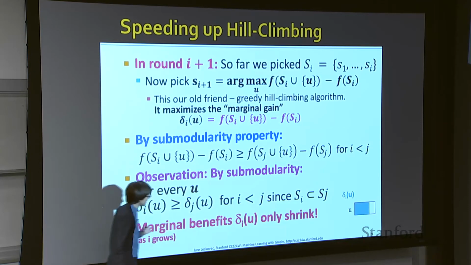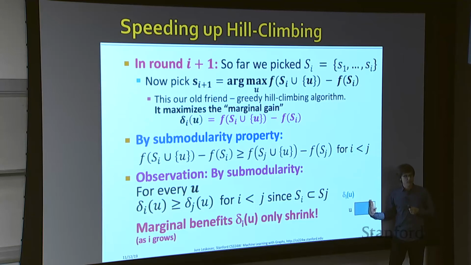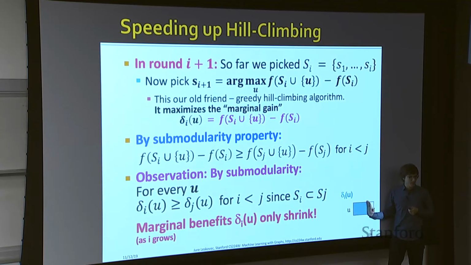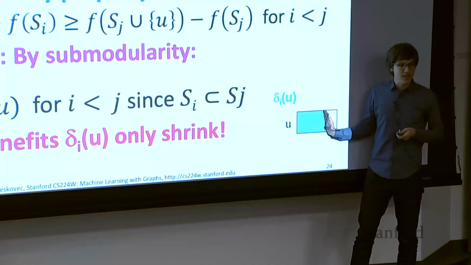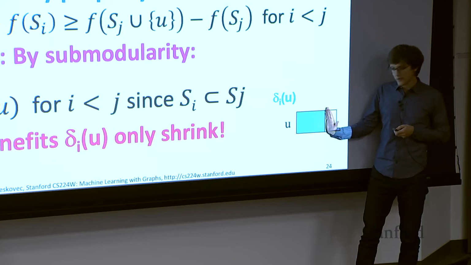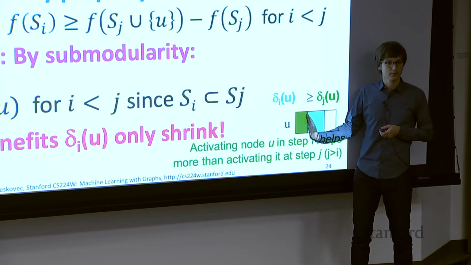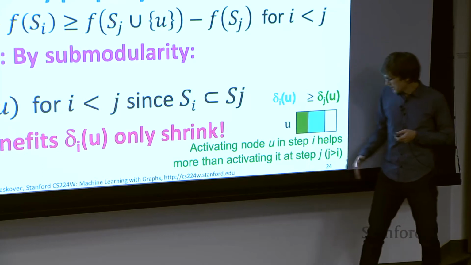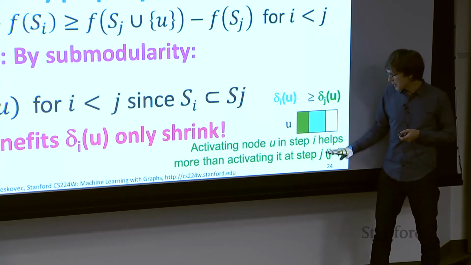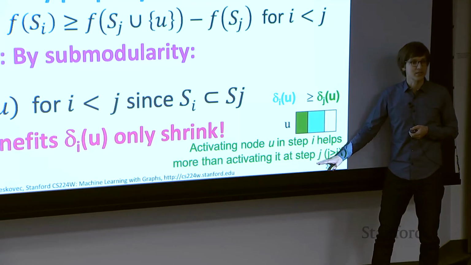What this means is that if at some round my sensor u would have this large marginal benefit, and now I place a few more other sensors, and I come back to sensor u and ask it, how much marginal benefit do you have now? The marginal benefit of u will only shrink, because activating node u in step i helps more than activating it at some later step.